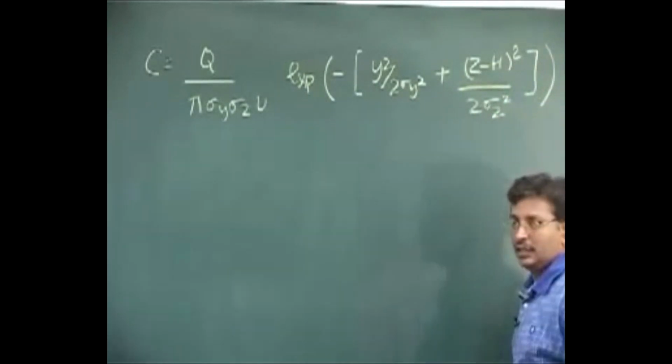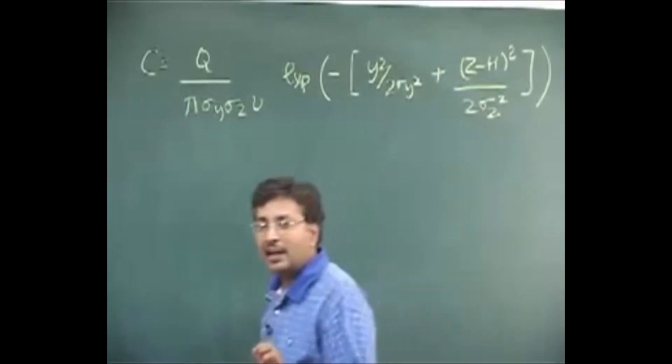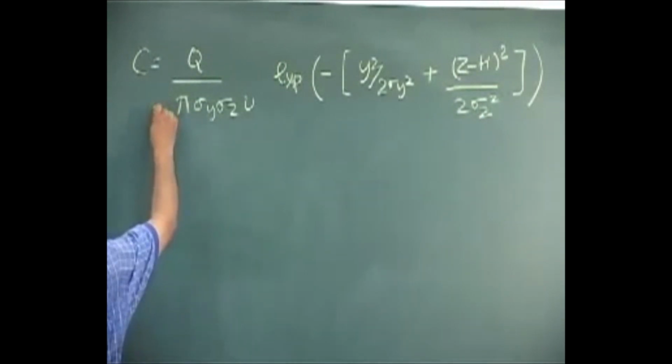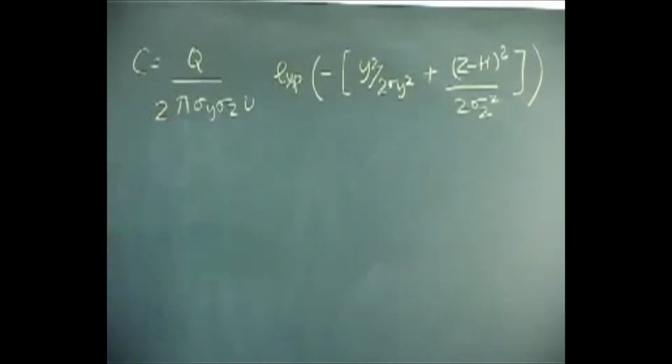And this becomes the equation, but there is a slight change, which is that you put 2 here in front. This 2 has come from the way we calculated the constant k.